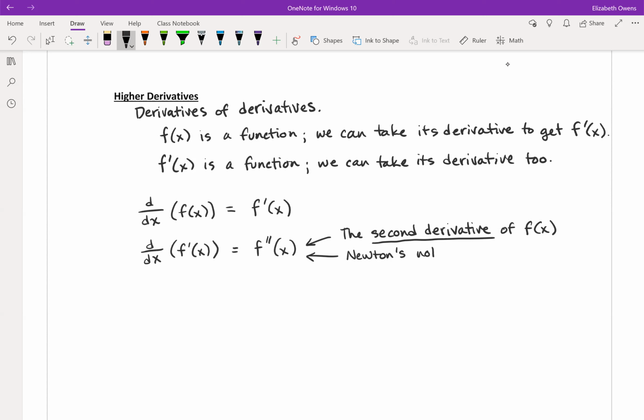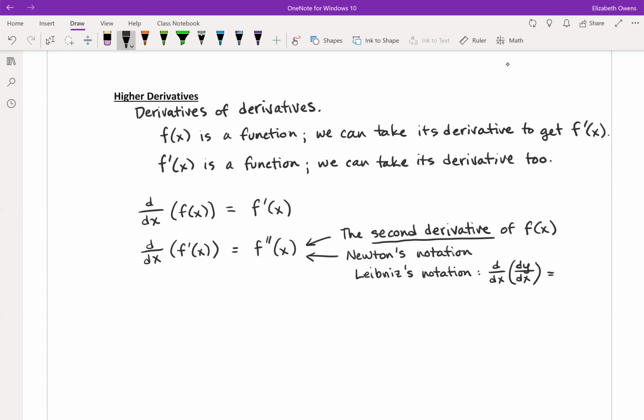Newton's notation. So just a little note here, Leibniz's notation for this looks a little bit interesting. Okay, in Leibniz notation, we'd be taking d dx, and then usually for that Leibniz notation, we call our function y. So the derivative looked like this, dy dx. All right.